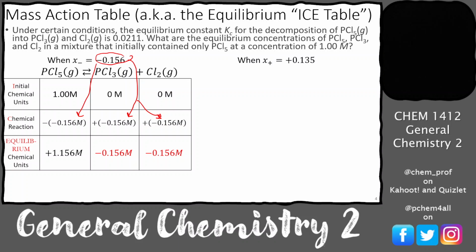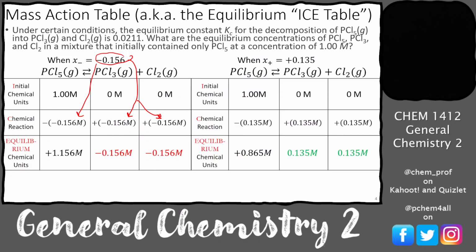So that's a bogus root, and here's the proper root. I put in that positive value, 0.135, here and here, and then subtract it there, and I end up with 0.865 as my equilibrium concentration of PCl5, and 0.135 for the others. So that's very nice, and we can check our work.